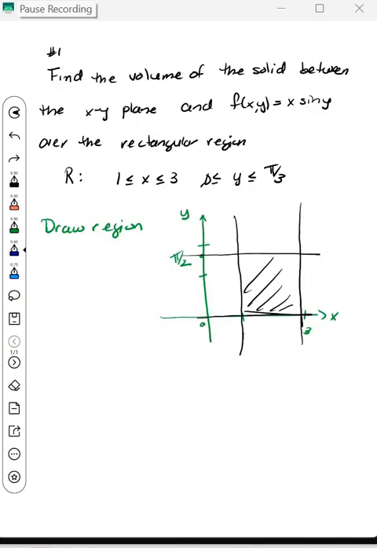So now I'm ready to set up the integrals. I'm going to start with just my x's. X equals 1 to x equals 3. And then my y would be 0 to y equals pi over 2.